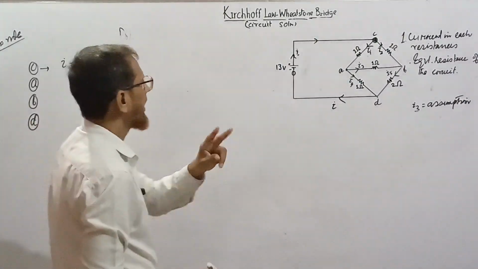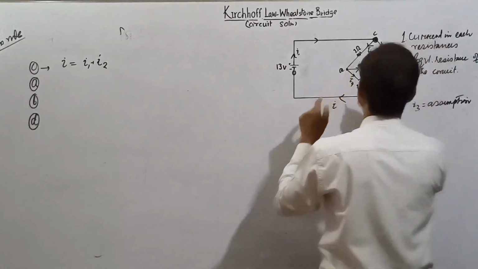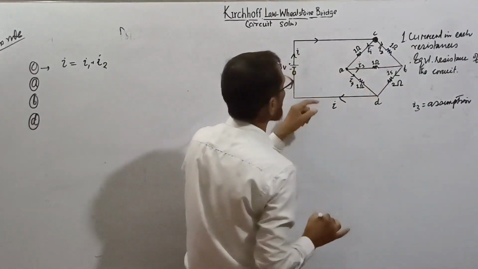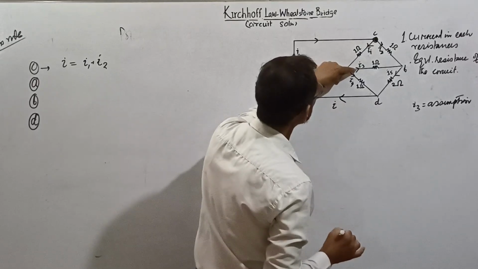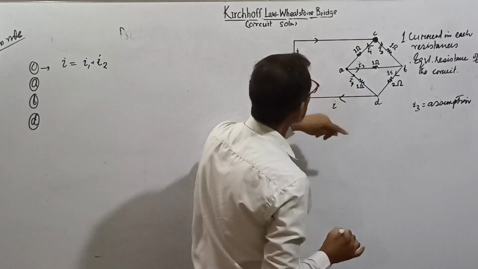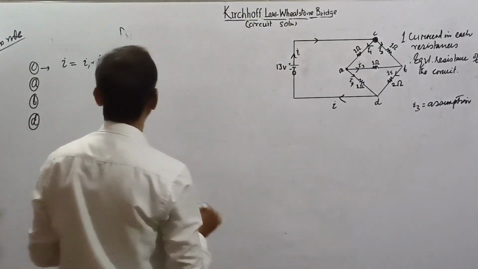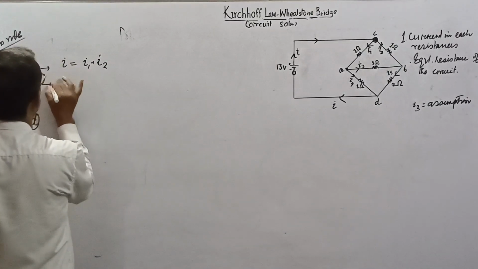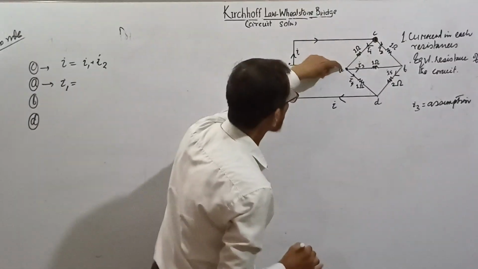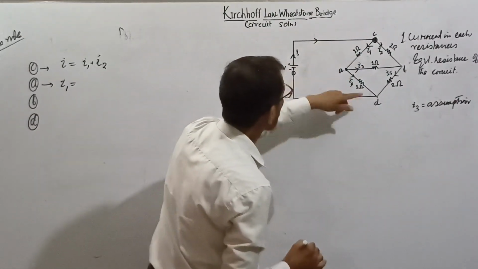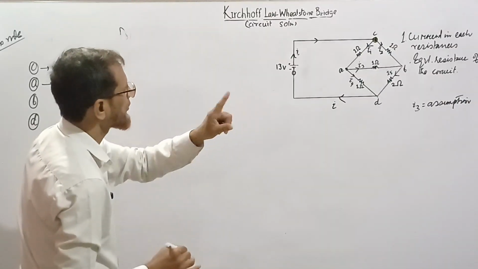Am I right? And if you consider the point A, junction A, where this enters and these two leave, then I1, this entering is positive and these two leaving are negative, means I1 minus I3 minus I4 equals 0.